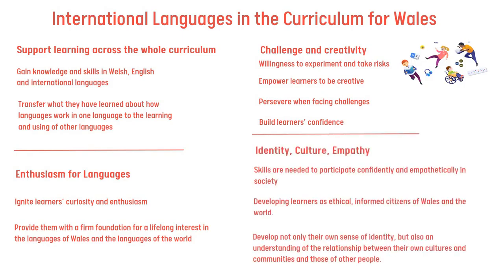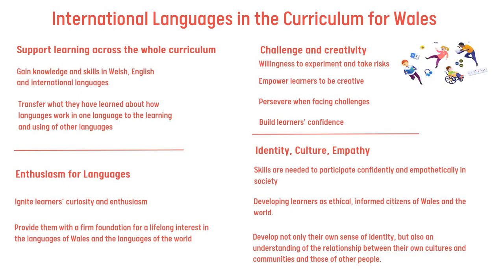And finally, there is so much throughout the LLC that international languages supports in terms of understanding a pupil's own identity, but also others and their own culture and others, and empathy for that. So in looking at other cultures through the different languages, we're able to help children become ethically informed citizens, that they are not just having an understanding of other cultures and differences, but they're having a chance to celebrate those differences and really enjoy learning about how other people live, how other children celebrate things, and developing their own sense of their identity as you make comparisons to what we do in Wales.